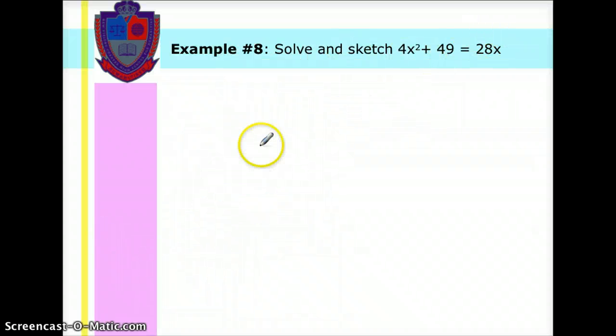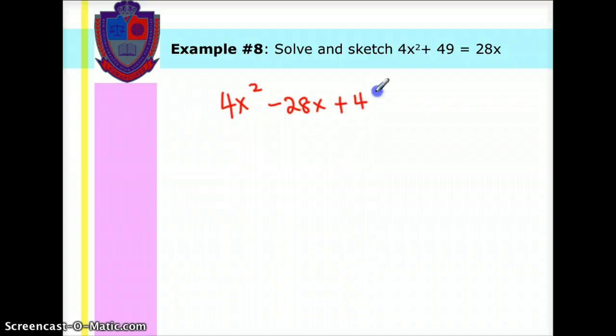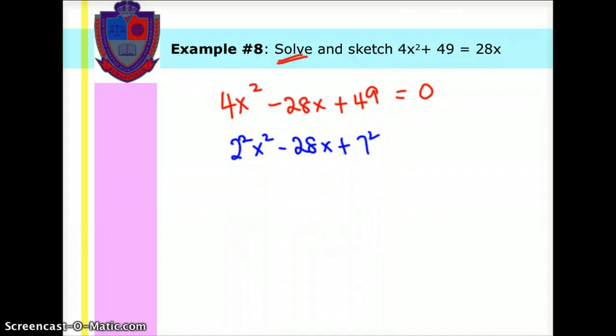Solve and sketch this. So before I solve this, I need to get this in standard form, adding 28 on both sides. I'm just going to write it plus 49 equals 0. Now it says solve. So before I even solve, I have to factor it. I know this is the same thing as 2 squared x squared minus 28x plus 7 squared. Check my numbers.